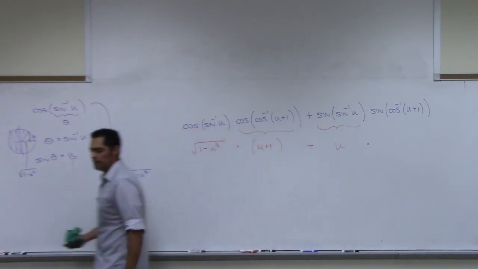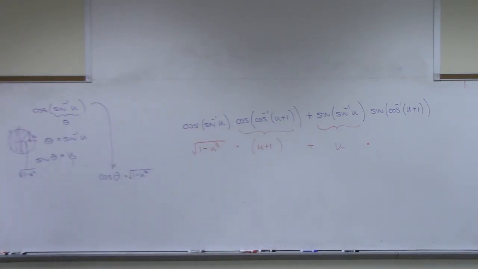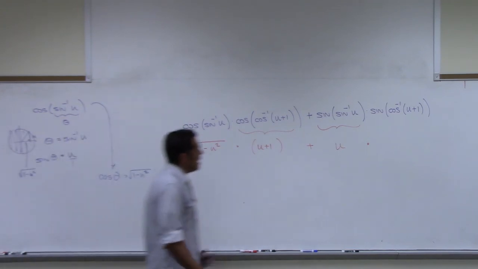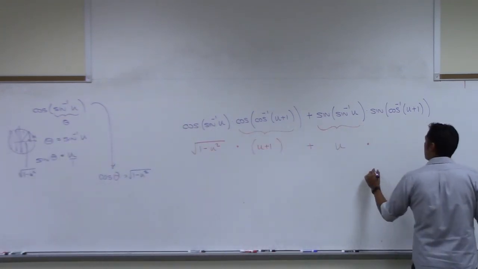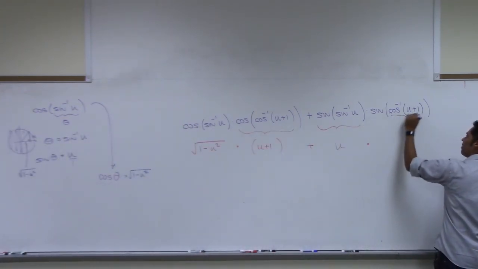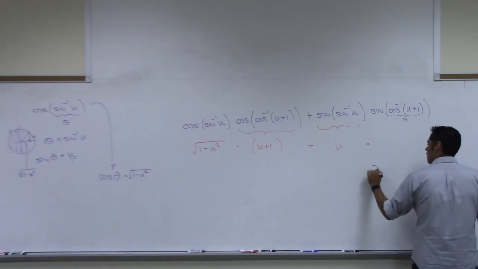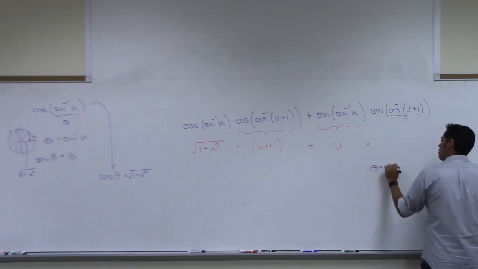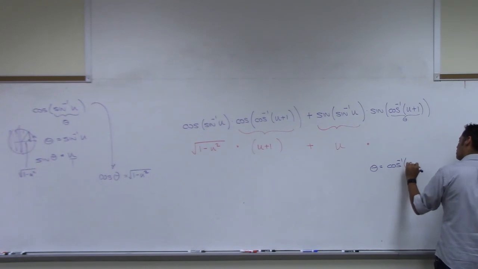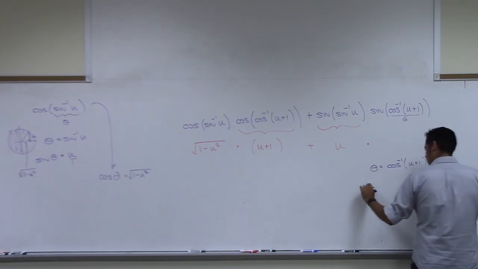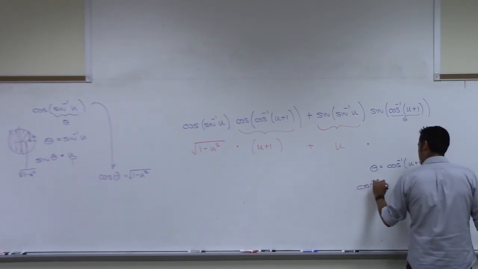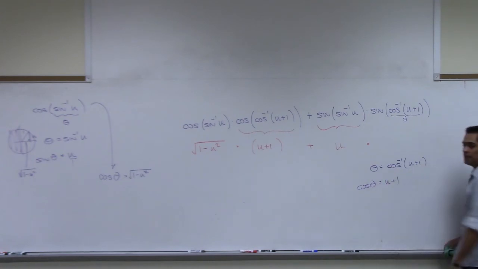Almost there. Got to get that last one. I think for the last one, I'll do it right below it here. I call this thing right here theta. Theta is arc cosine of u plus 1, which means that cosine theta is u plus 1. Then I try and create a triangle again.